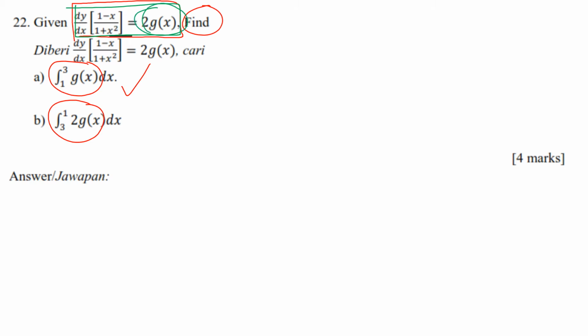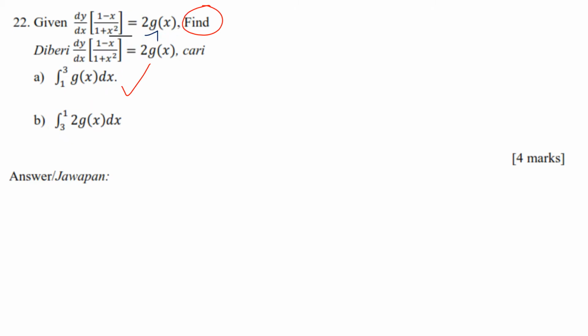What's the connection between this and this? In order to solve this kind of question, besides the working, we need to be able to compare. Here we are going to use the method of comparing. Let's see how I'm going to compare.